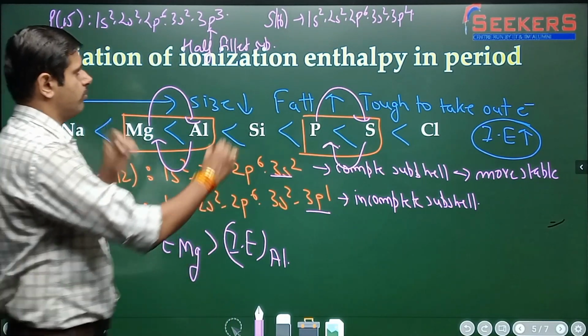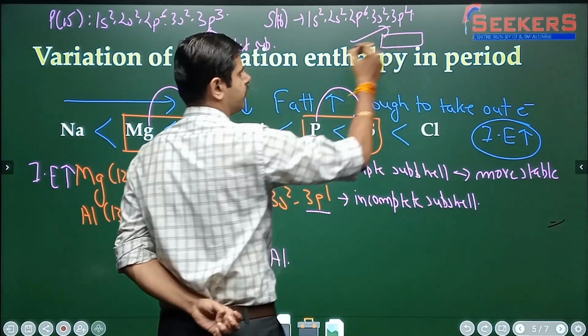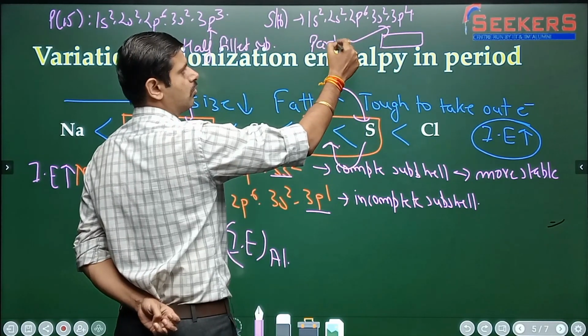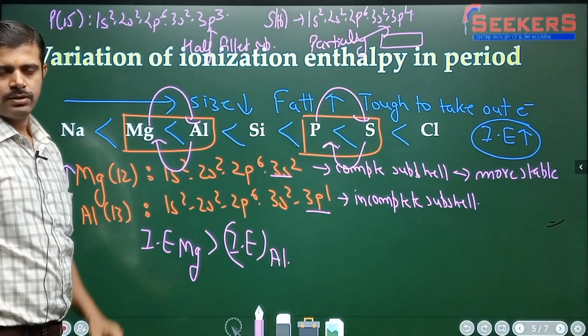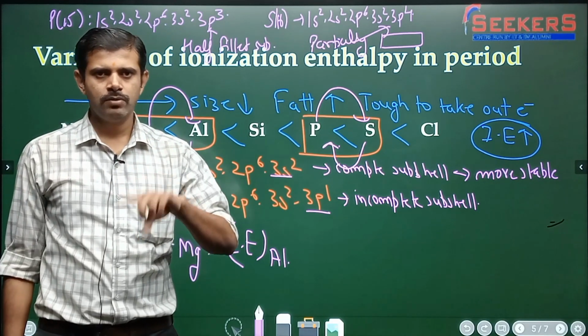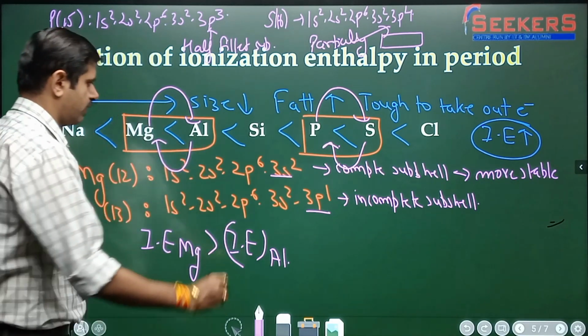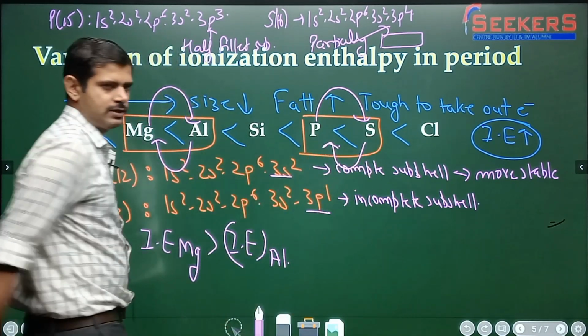In this case, how many electrons are there in the 3p? Here it has 4. So it is partially filled. Which is more stable? Again, half filled will be more stable. If half filled phosphorus is more stable, it should have a higher ionization enthalpy. That's why sulfur will come in place of phosphorus.